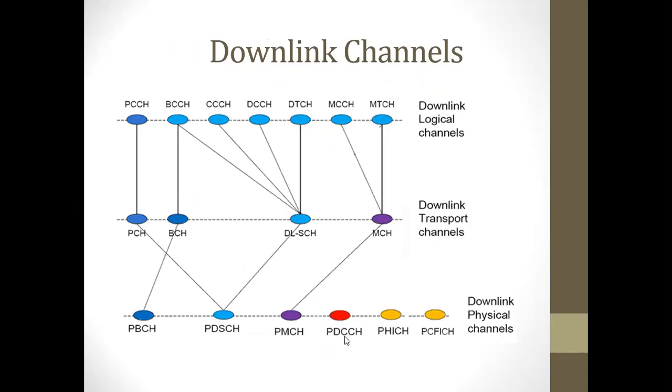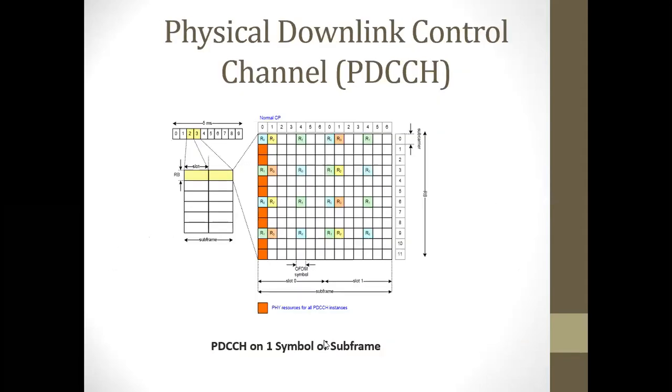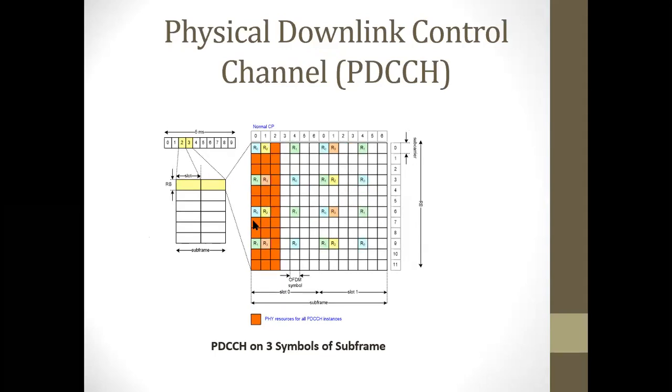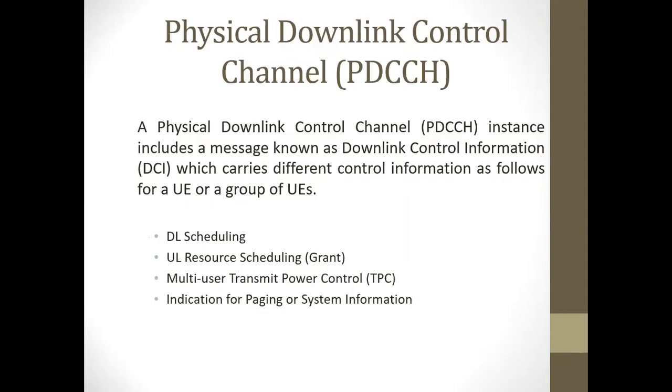PDCCH is actually the most important control channel in the physical layer. A number of PDCCH messages will be included in the control region, and their purpose is, basically, you have these purposes for PDCCH.